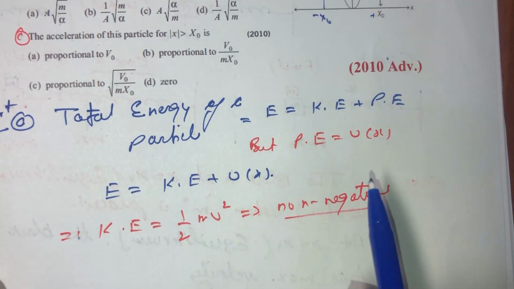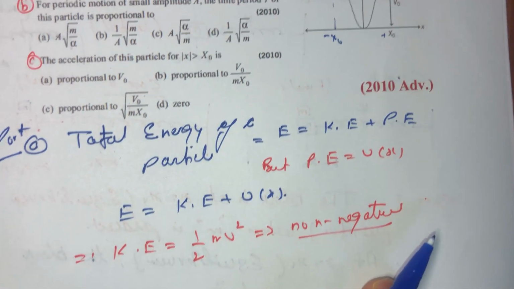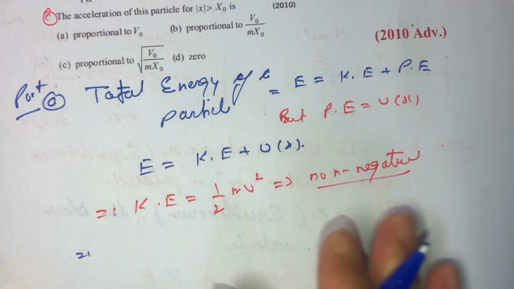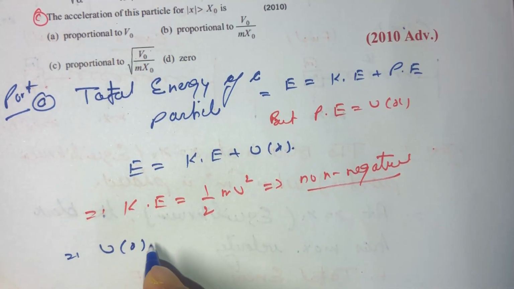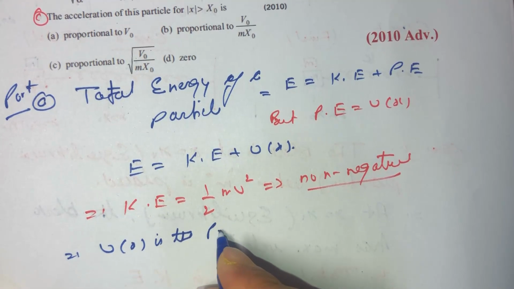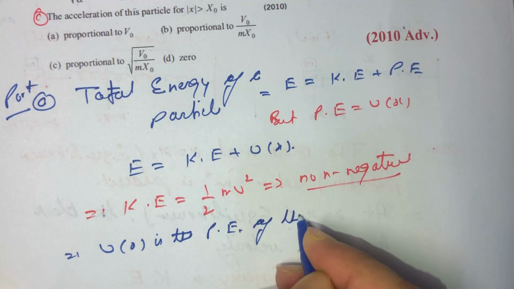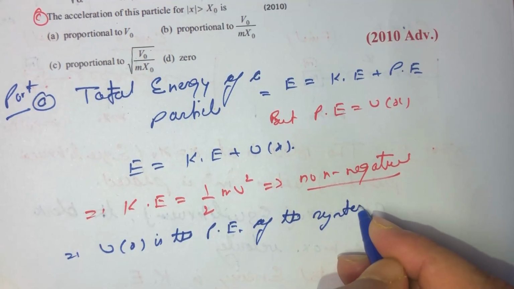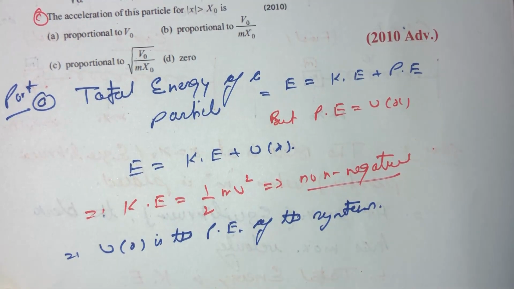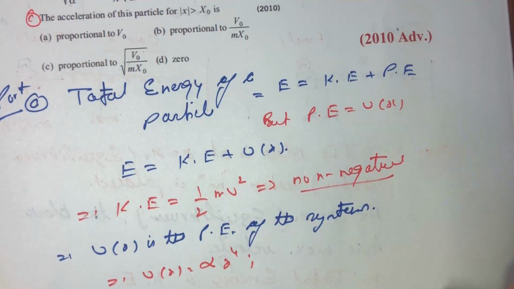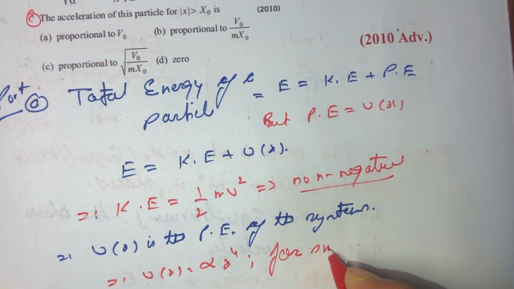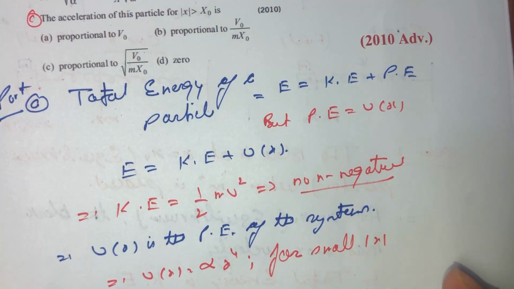We are given that the potential energy of the system is V(x), and this V(x) is given as αx⁴, for small displacement x.